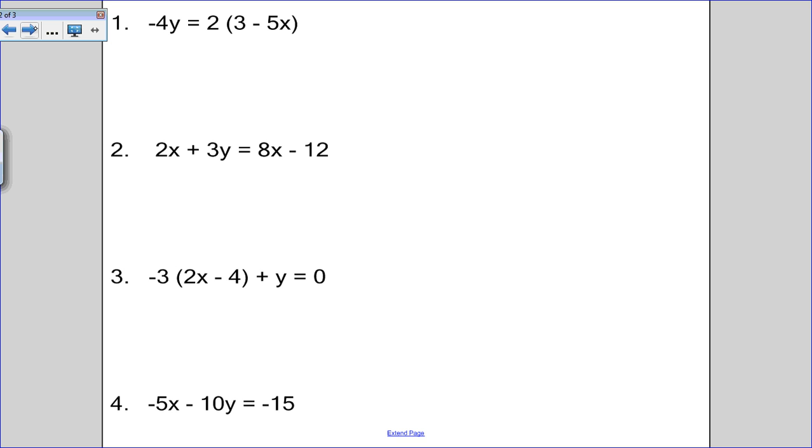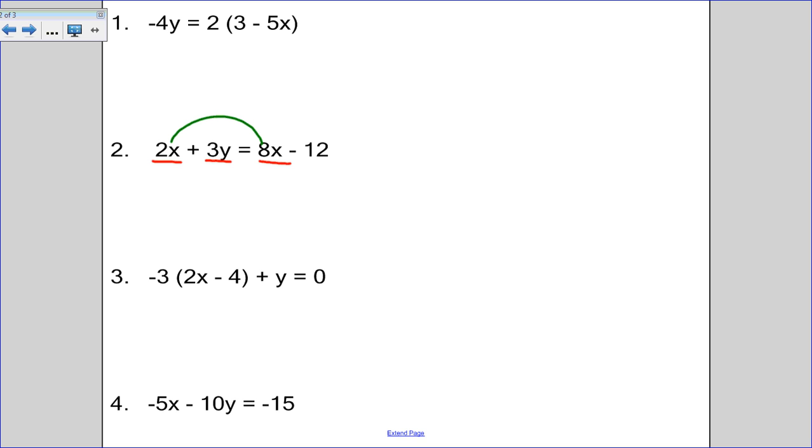Do you see any like terms? Well, first I see a 2x, a 3y, and an 8x, right? We see multiple spots here. Okay, so our x's need to go together, and our y's go together, but it looks like they already are.